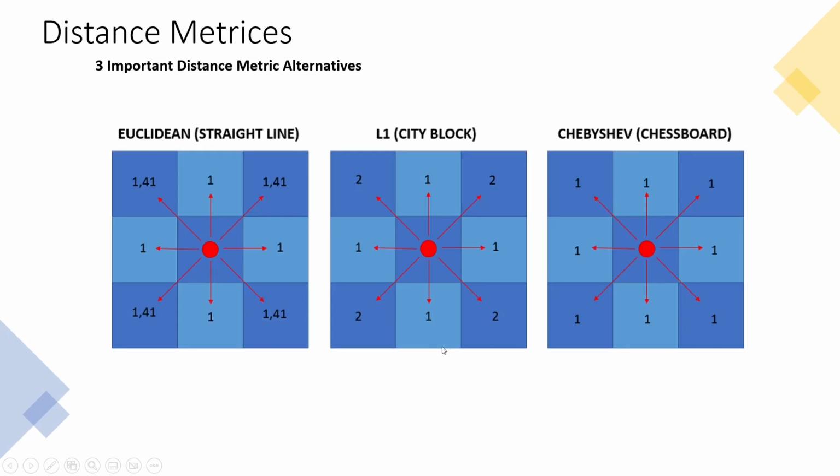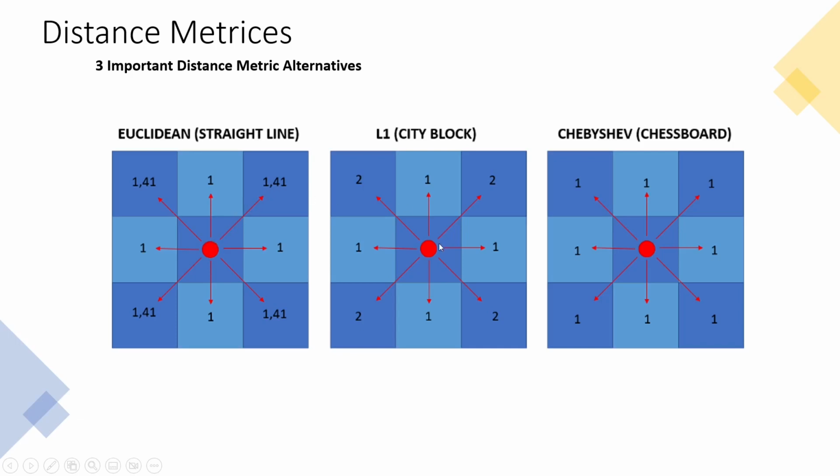And just to sum up these distances and the differences between them, what would happen if we want to calculate the distance to our 8 neighbors? We are here and we would like to calculate the distance between this point and this point. If we use Euclidean, then going straight, the distance between here and this cell is 1, but if we go diagonally, the distance is 1.4.